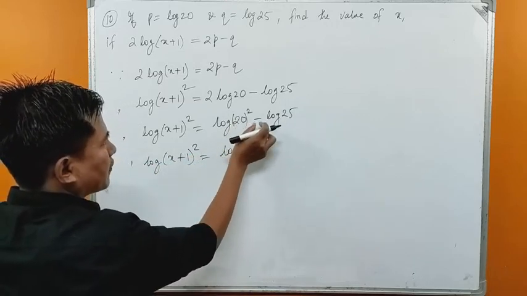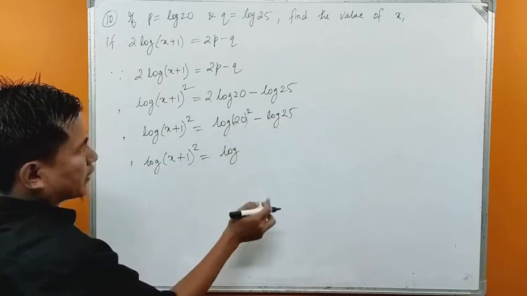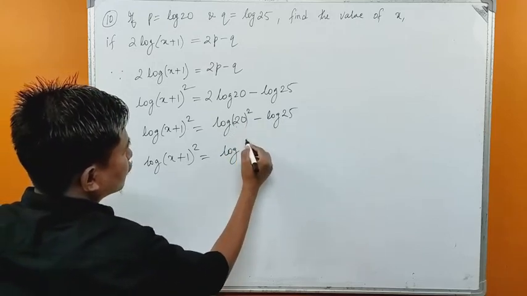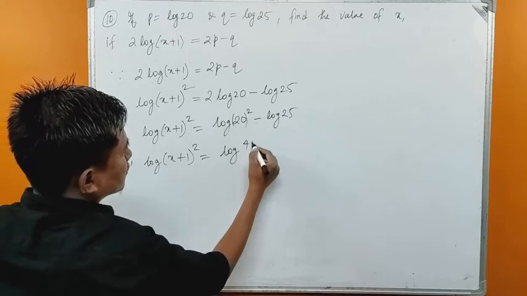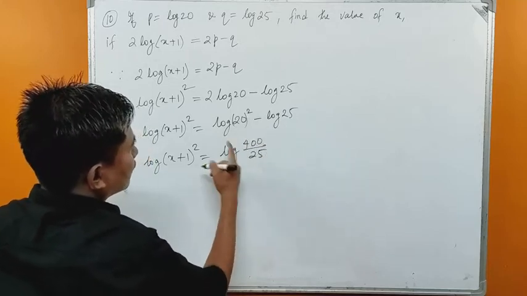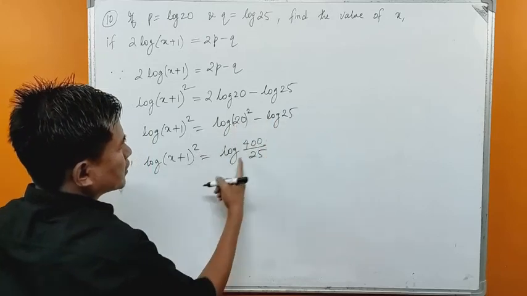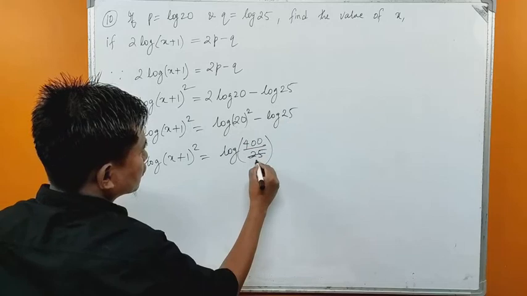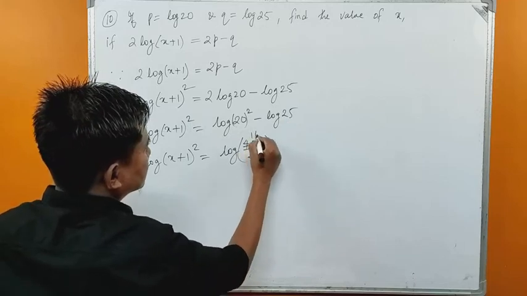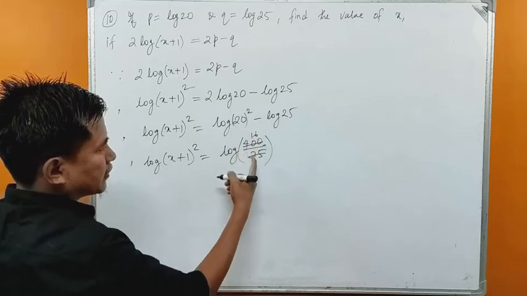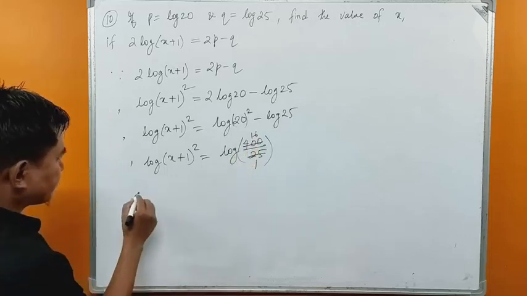So log m minus log n is log m upon n. So 20 square is 400, divided by 25. 25 16s are 400, okay?